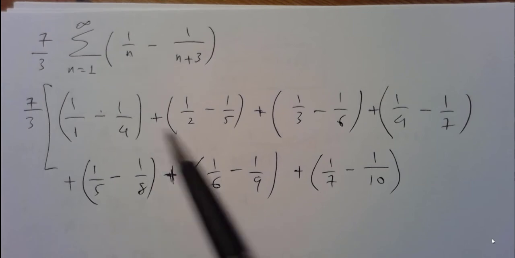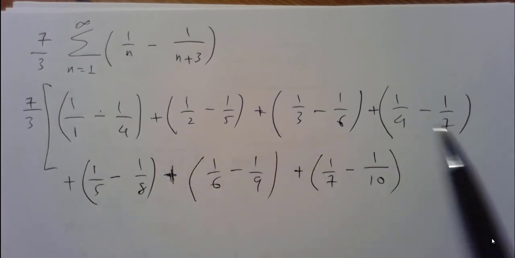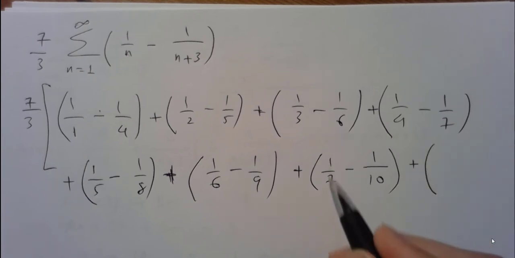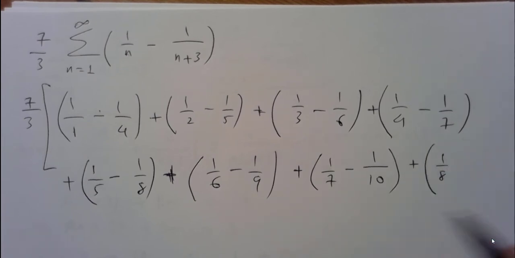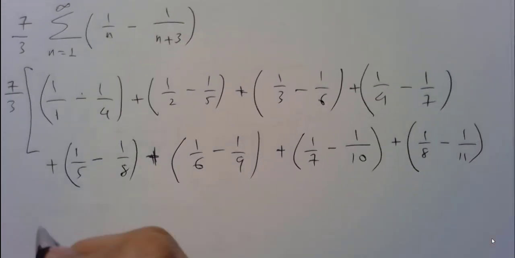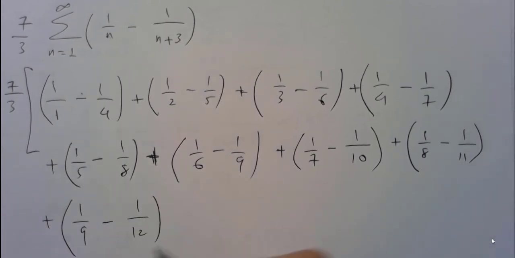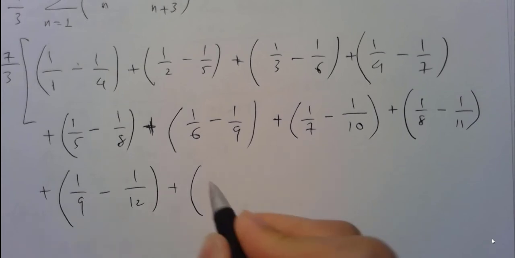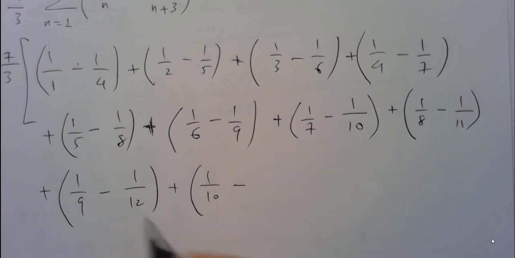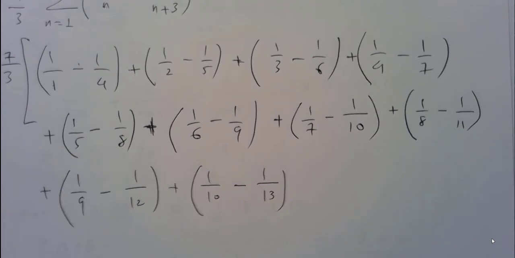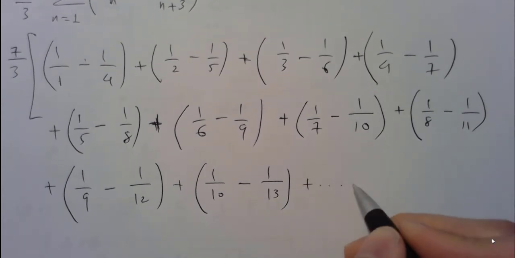And this is 4, 5, 6, 7, 8, 9, 10, right? So all you see now is this goes 1, 7, up one more 8, 10, up one more 11, and then 8 goes to 9, 11 goes to 12, and so on. 9 goes to 10, 12 goes to 13, and so on. It just keeps going forever.